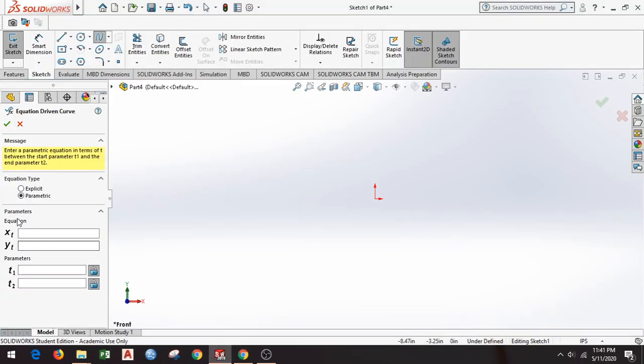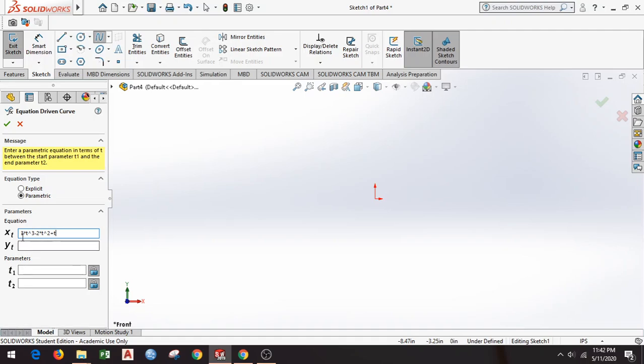So let's put those equations in SolidWorks here. 3t cube, that means 3 times star t cube. So we need to put hat for exponent. 3 times t hat 3 minus 2 times star t hat 2 for exponent plus t.